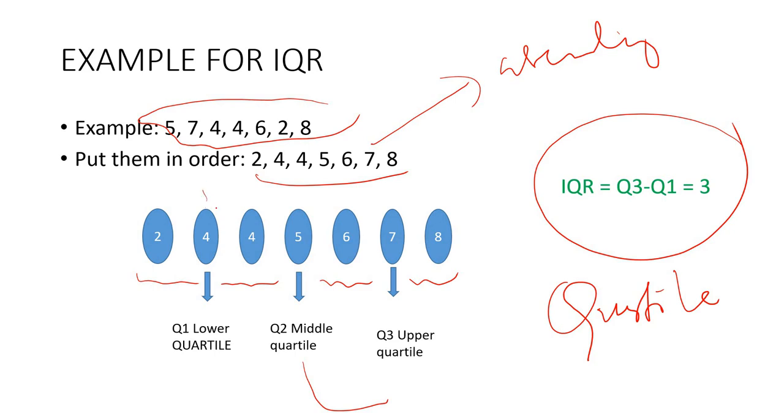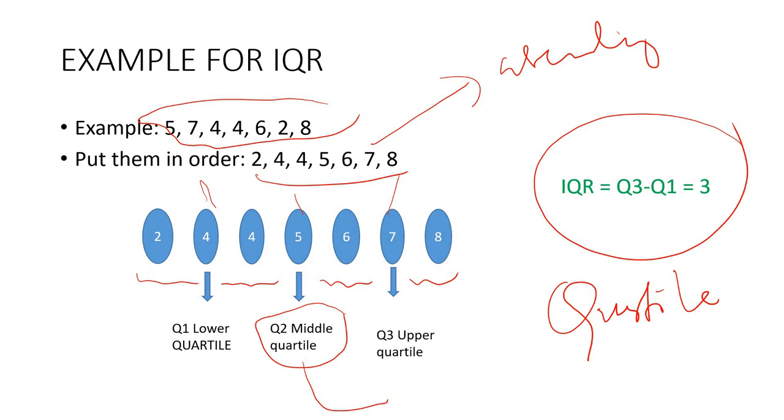Here 4 is a cut point, this is another cut point, and 7 is another cut point. To split the data into 4 groups, you need 3 cut points. Then only you will get 4 groups. So the first cut point we call Q1, the next one is Q2 and the next one is Q3. Q2 is the median.